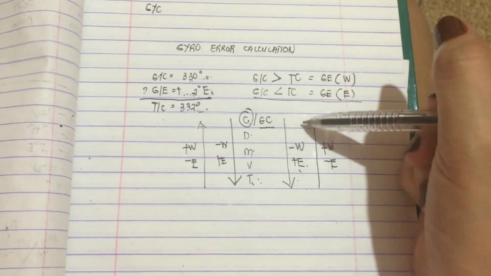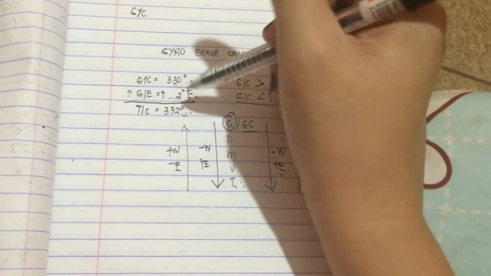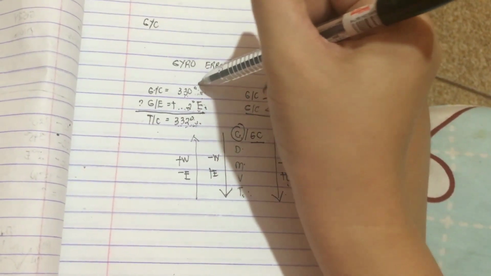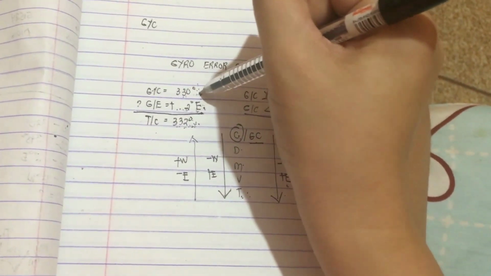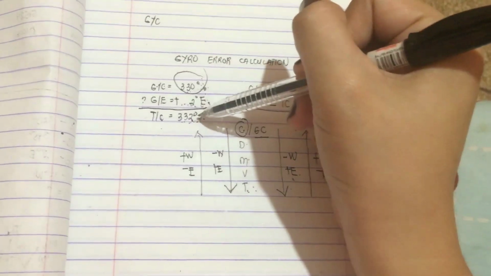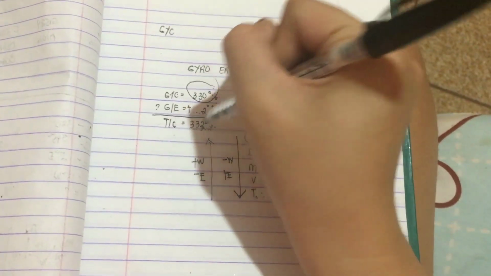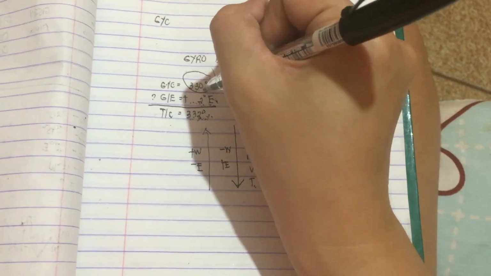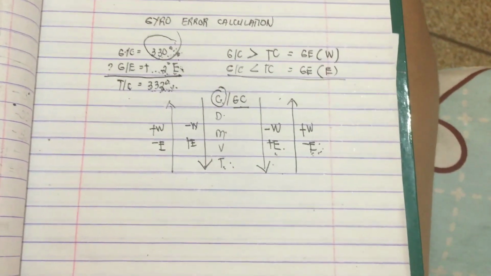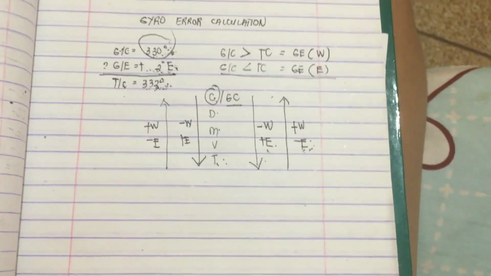True course to gyro course, east, means subtract. So 332 minus 2 is 330. So that is how to calculate the gyro error using the gyro course and the true course. So very easy.